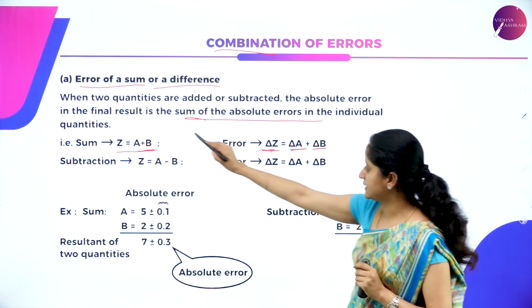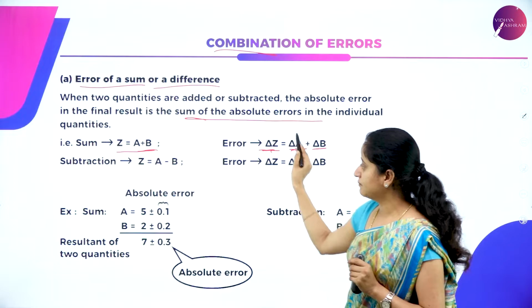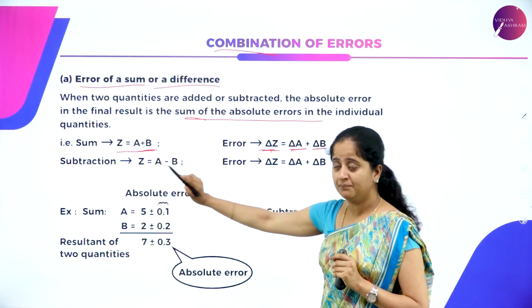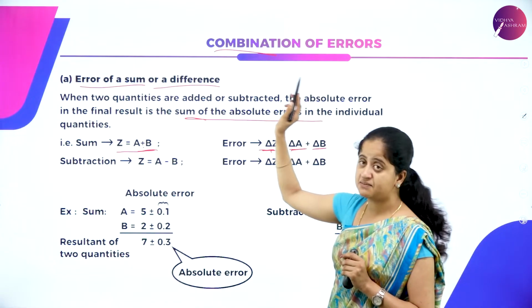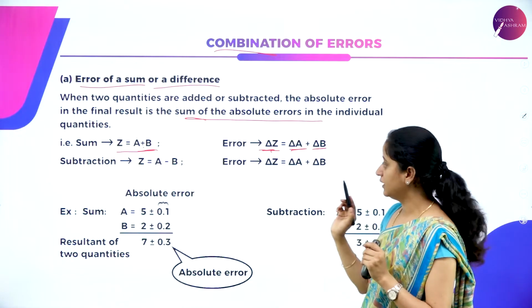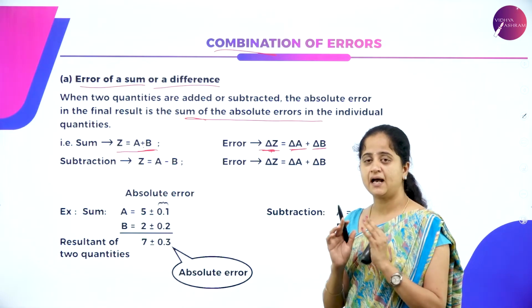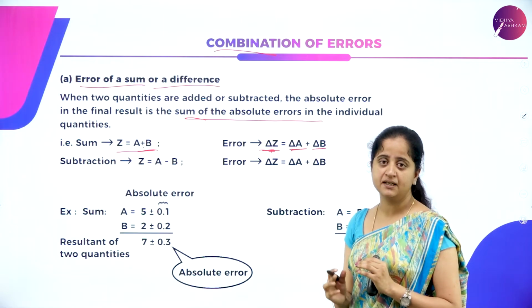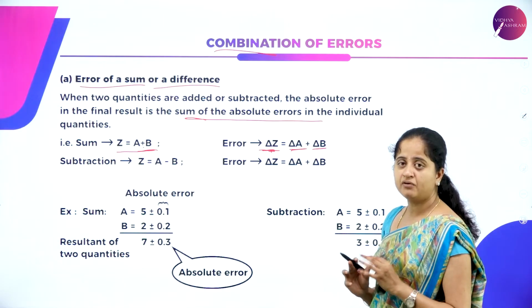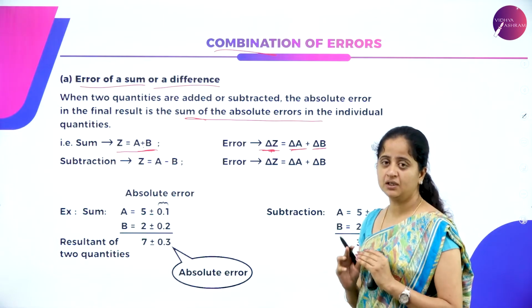So we have the quantities A and B. Delta A is the absolute error of the quantity A, and delta B is the absolute error of the quantity B. So to find the absolute error in the final result, we have to take the sum of the absolute errors in the individual quantities.